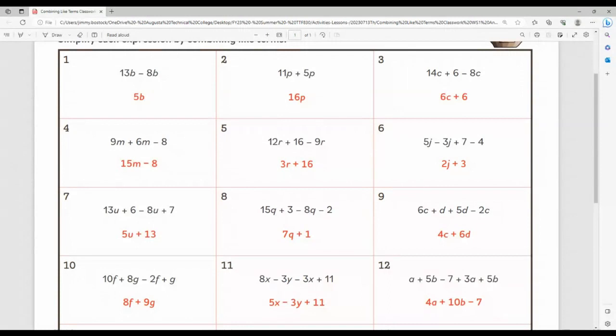Take a look at those. If you've missed one, look and see if you can see where your mistake is. If not, and you want me to work it, I will ask for questions after we've checked all of the answers. But I want you to see if you can see your mistake first.